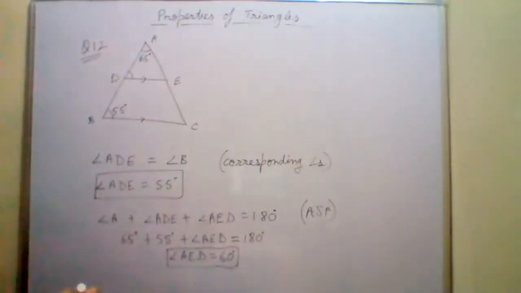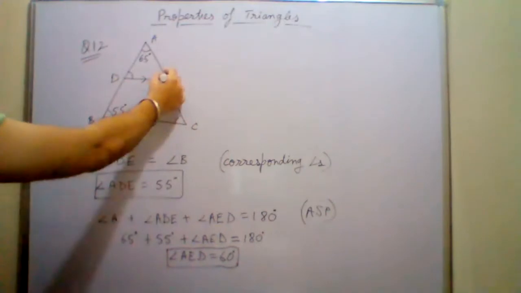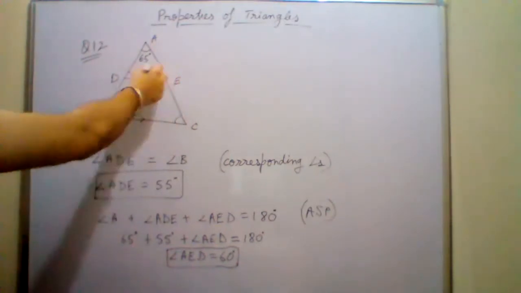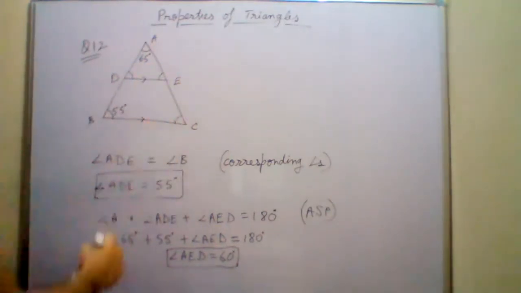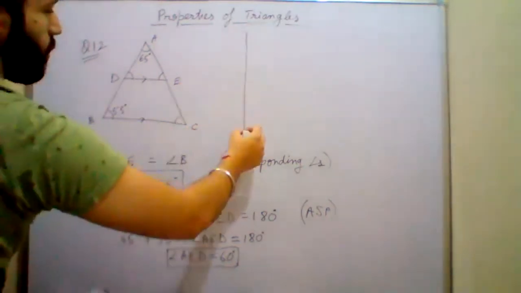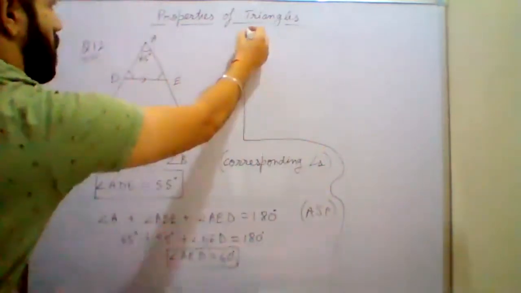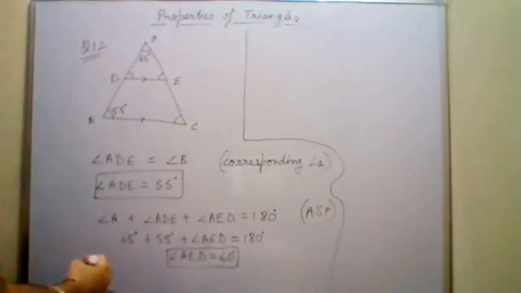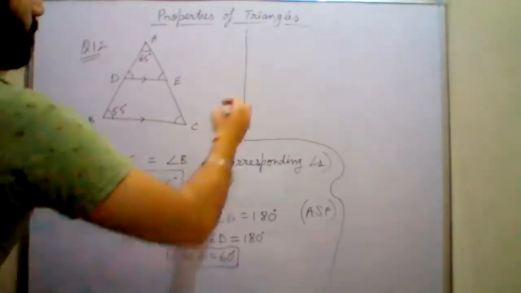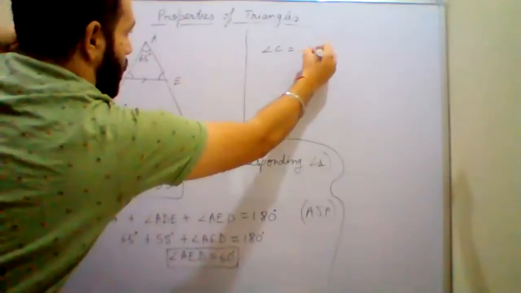And now in the third part of the question, you have to find angle C, this angle. We have already found angle AED, this is 60. Now you have to find angle C. Same, the corresponding angles. Angle C is equal to angle AED.